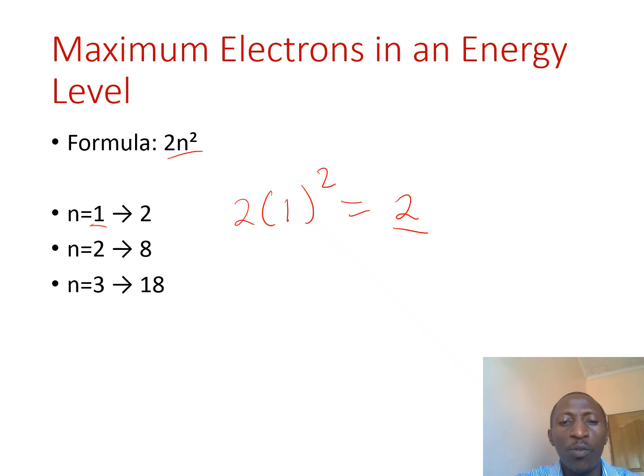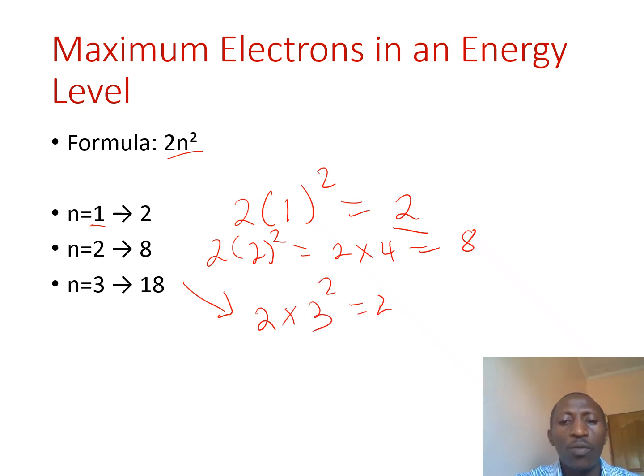When n is equal to 2, we have 2 into 2 squared, which is 2 times 4, a maximum of 8 electrons. When n is equal to 3, we have 2 times 3 squared, which is 2 times 9, a maximum of 18 electrons in the third energy level.